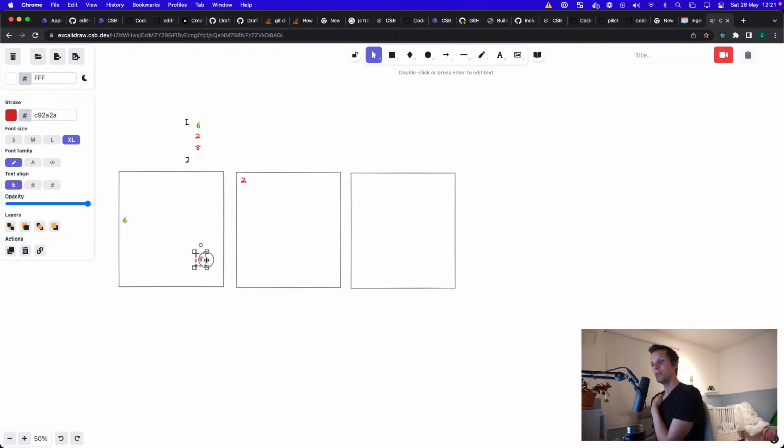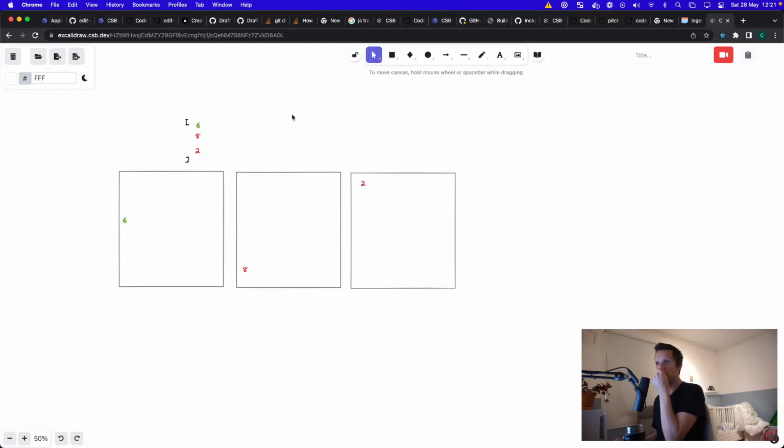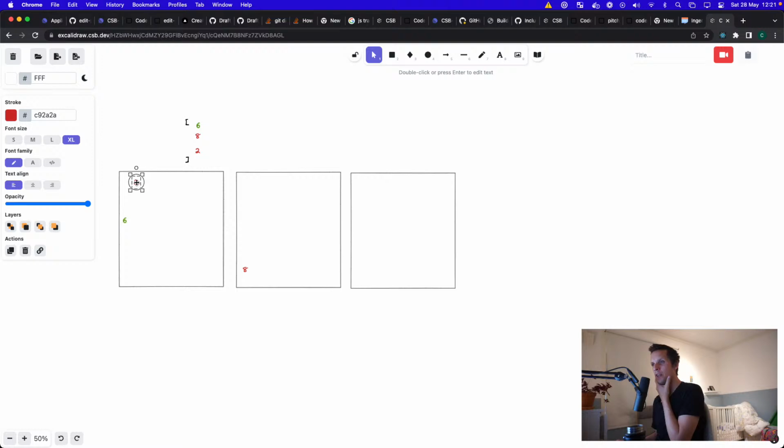But what if we were to change it around? What if we did 2 here, and then we move 8 up here and 2 down here? What if we were to move 2 over here? Again, with the current approach, this works fine, though we have to transpose again the addition here.